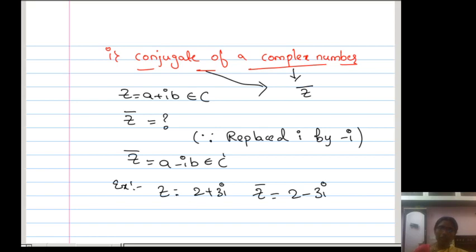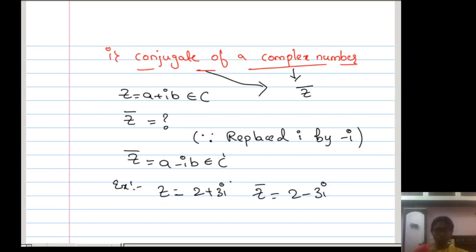I am not changing the real part, I am changing the imaginary part. If the imaginary part is 3, it becomes minus 3, because I replaced I by minus I. Real part does not change.